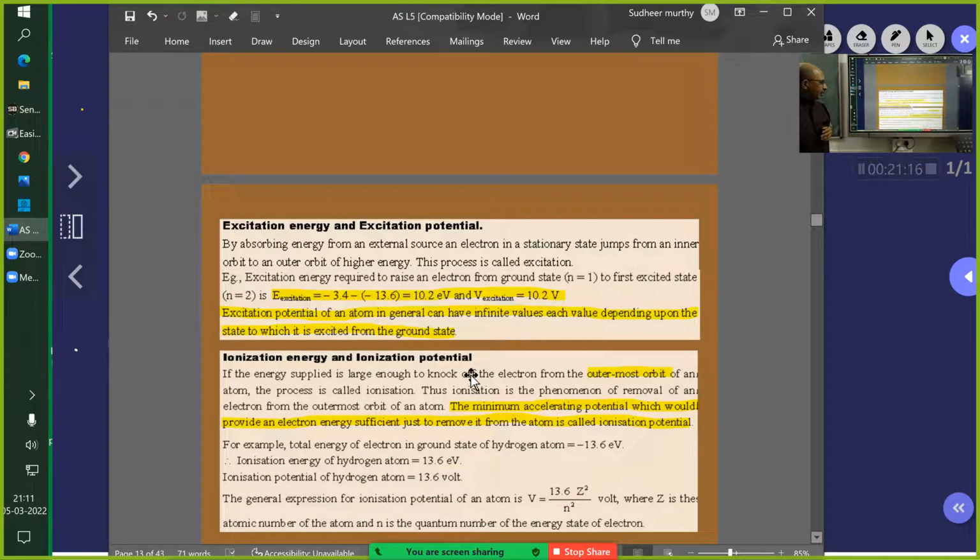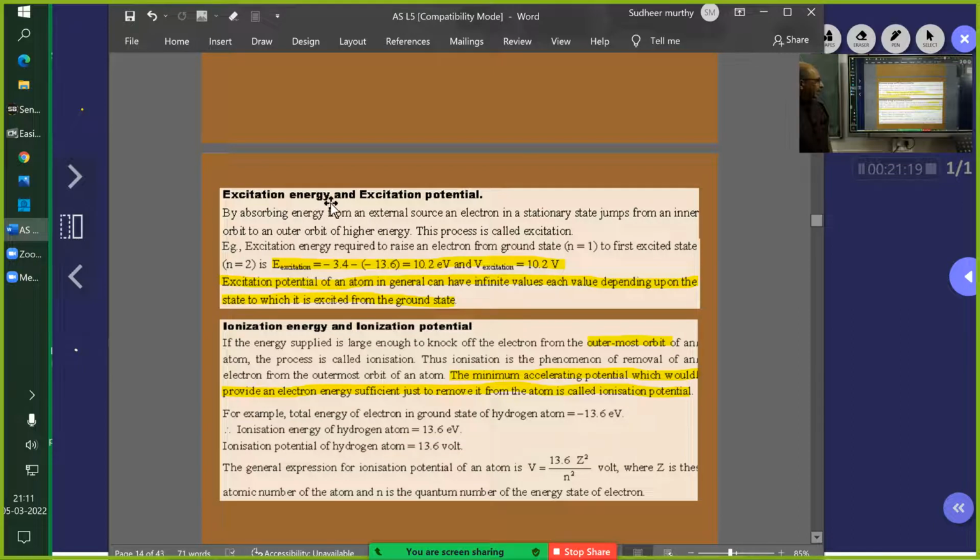Now here there is one more data: excitation energy and excitation potential. I have marked these separately because there are explicit questions to differentiate these two. Of course, all of you know what excitation is. The electron absorbs energy from an external source and jumps from the inner orbit to an outer orbit of higher energy. This process is called excitation, not from higher to lower.